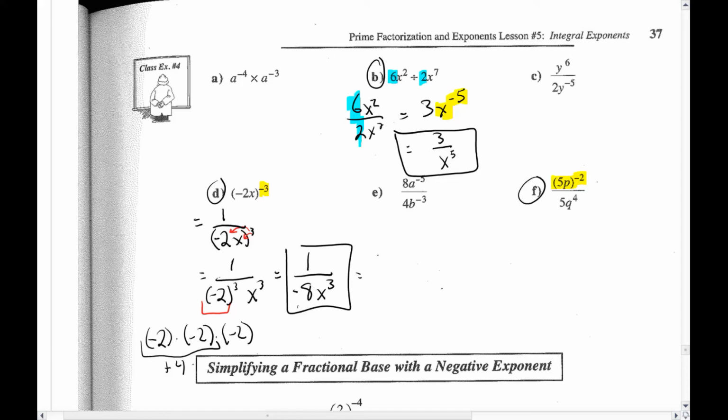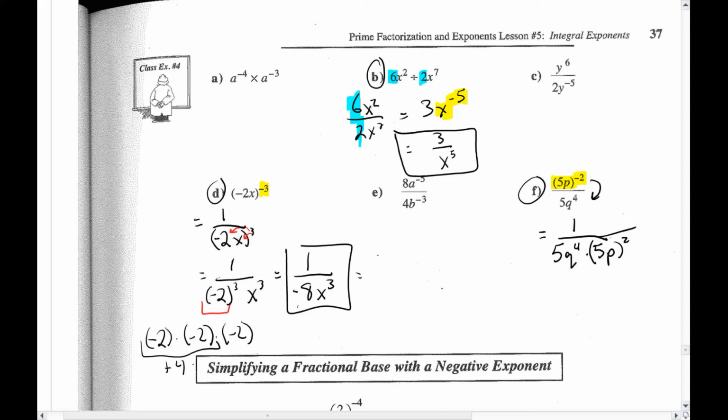And what do we do? Well, we're going to move it to the bottom. We're going to put it in a place where it's going to be happy. So now what we have is, we have to put a 1 in the top because there's nothing left in the top of that fraction. And we have 5q to the power of 4 multiplied by, in brackets, 5p to the power of positive 2.